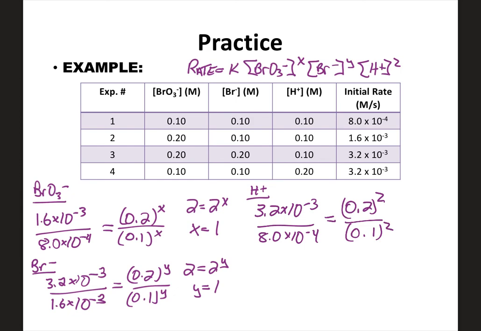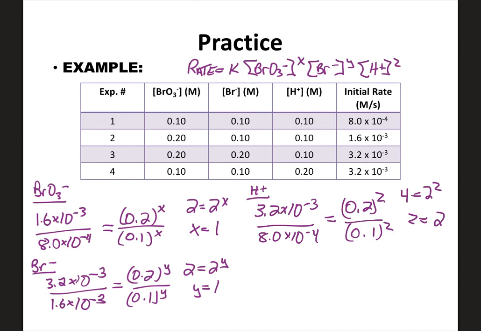So when I do the math here, I get 4 equals 2 to the power of z. Essentially, when I doubled the concentration, the rate quadrupled. So when I solve for the exponent, z is equal to 2. So the reaction is second order with respect to the H plus.